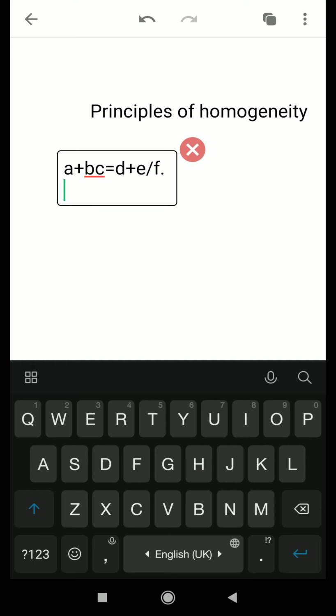From this equation, as it is a dimensionally correct equation, you can tell that the dimension of A equals the dimension of BC equals the dimension of D equals the dimension of E by F. Clear?